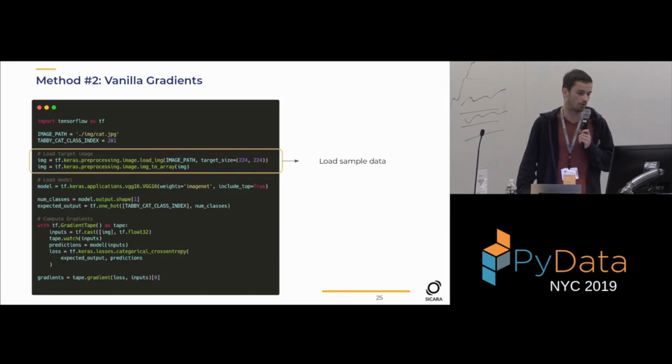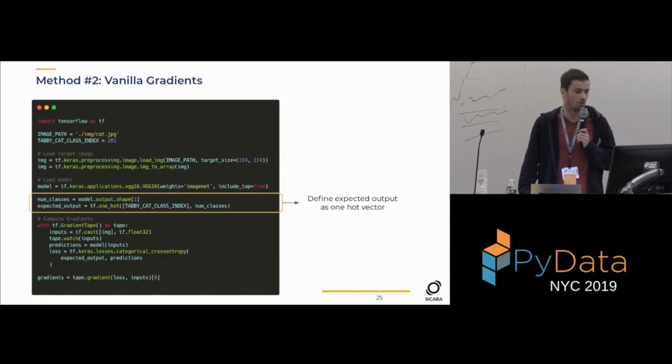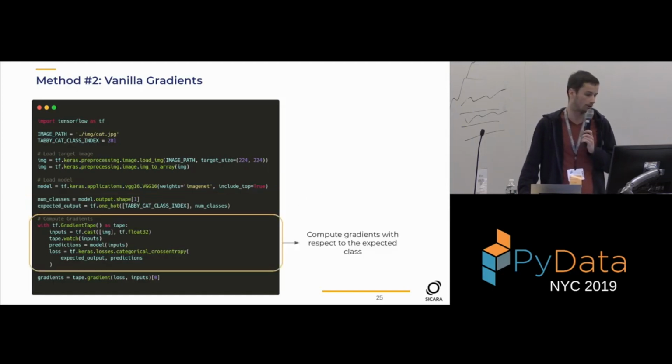So you load your sample image, you load your model, and you load what is the expected output you want. For us, we just want it to be a cat, so we create a one-hot vector, and the loss will be the difference between the predictions and the actual one-hot encoded cat.